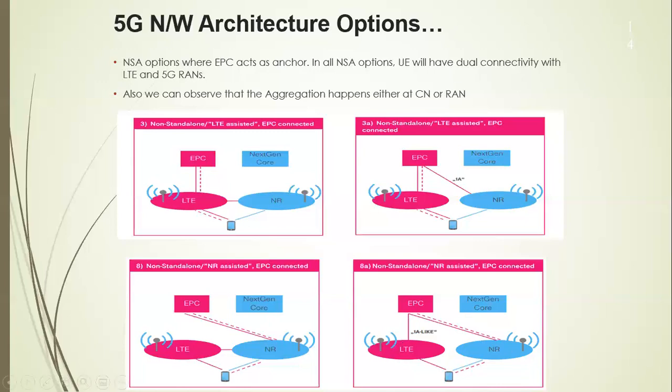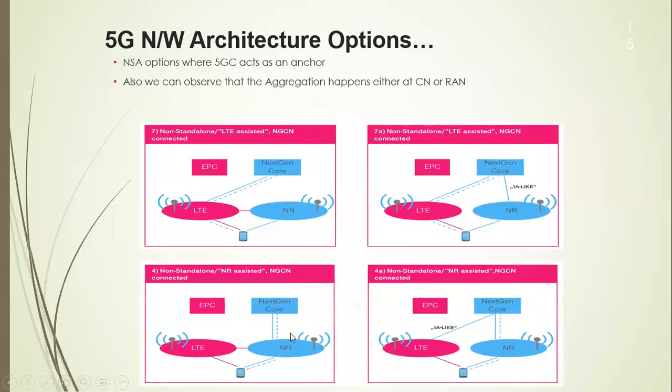Here the aggregation and separation is happening at the EPC core level. Here the aggregation and separation is happening at the G node B level.